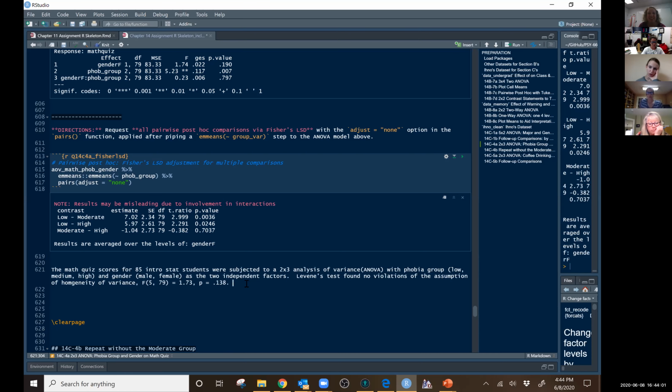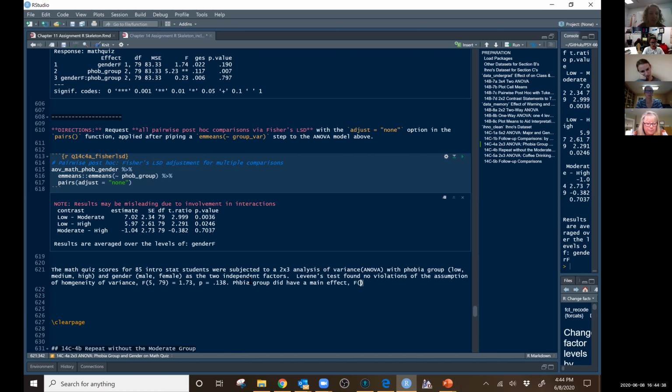Then we look at the ANOVA results. That's the only thing significant. So we should say gender or phobia group did have a main effect, and main effect is a term you can use, and it's degrees of freedom.